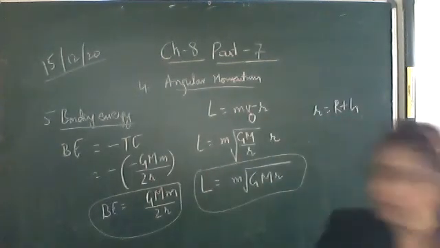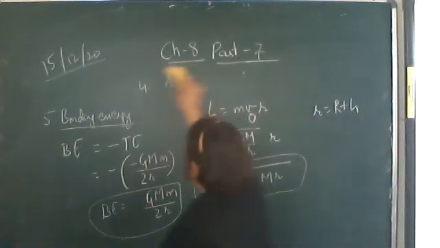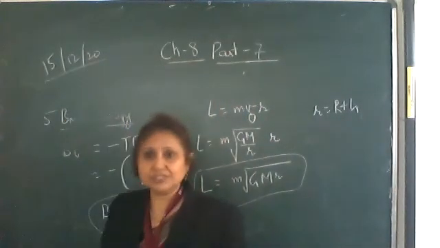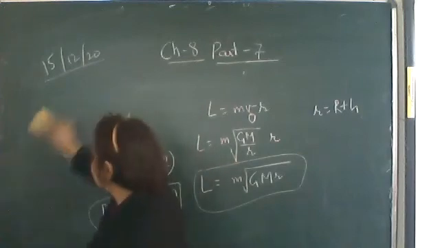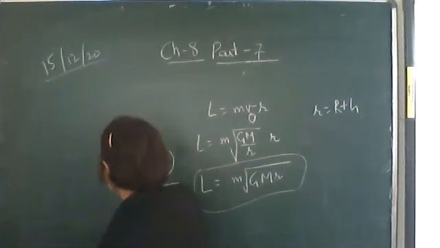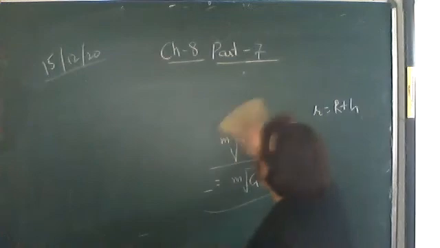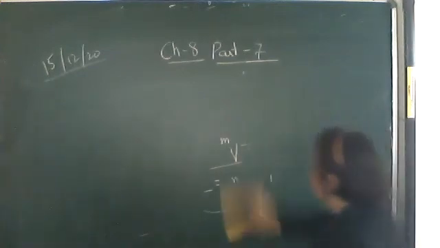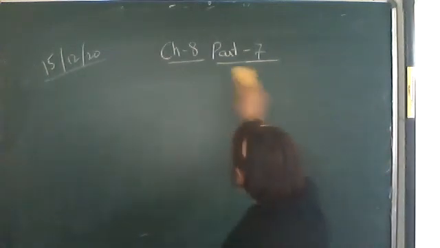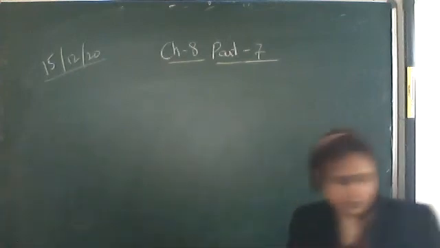So write down the next heading, geostationary satellite. It is also called geosynchronous, because it is synchronized with the Earth. So, geostationary or geosynchronous satellite. Now, what is a geostationary satellite?